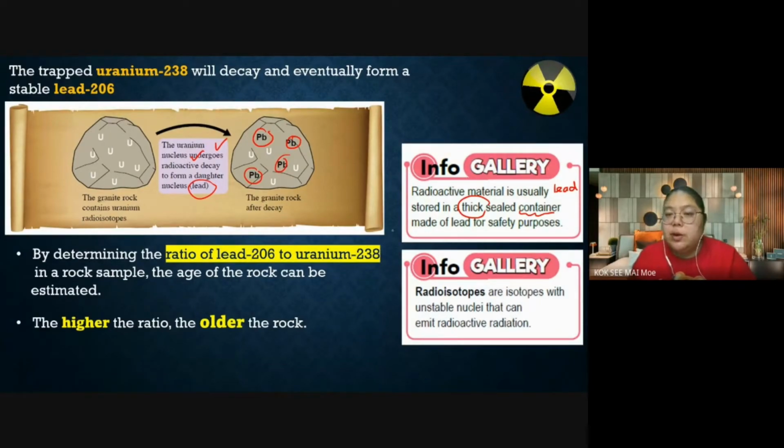So this is one of the things you need to know: all radioactive material must be put inside a thick, sealed container made of lead for safety. Radioactive isotopes are isotopes with unstable nuclei that can emit radiation: alpha, beta, and also gamma. All of this we need to keep properly inside the lead box.